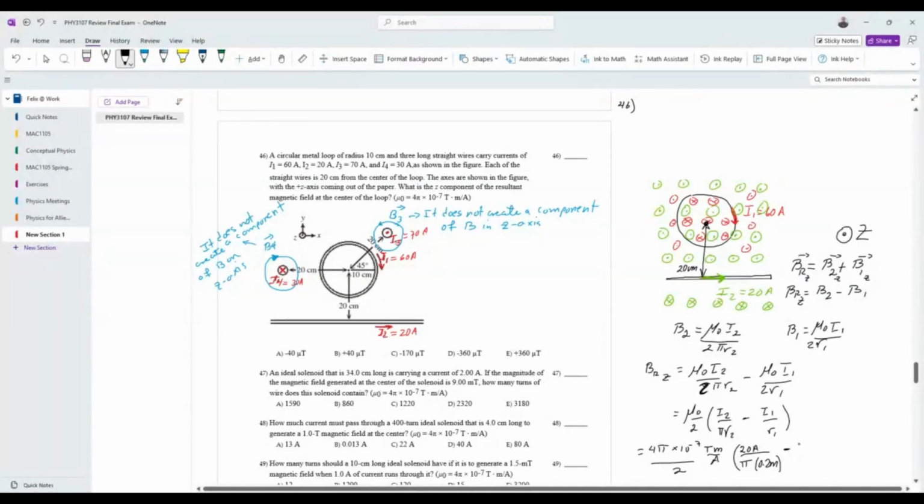Minus, now the current of 60 amperes, I sub 1, divided by R1. R1 is the radius of the loop, which was just 10 centimeters. So 10 centimeters is 0.10 meters.